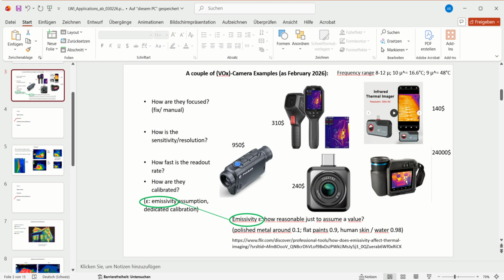As often the chips may be similar between these and these. Maybe this one is a bit larger, but they are vanadium oxide chips anyway, and they're not very sensitive. Resolution gets better and better over the years, but probably this camera more or less tells you what to do, whereas in these you have to do the thinking on your own.